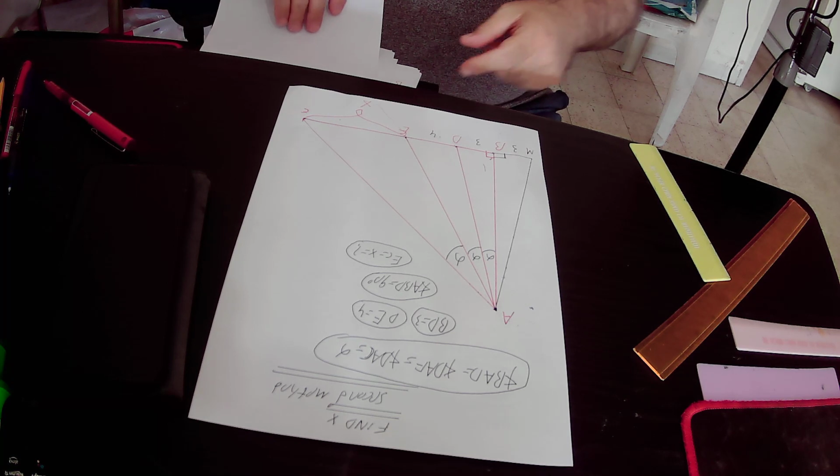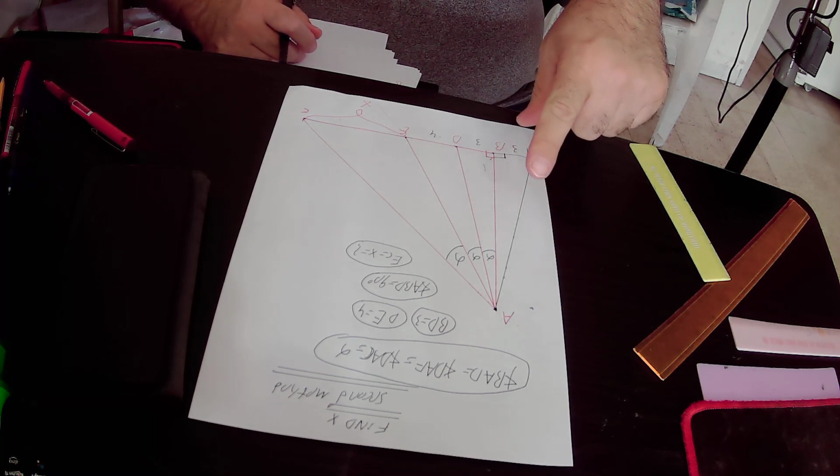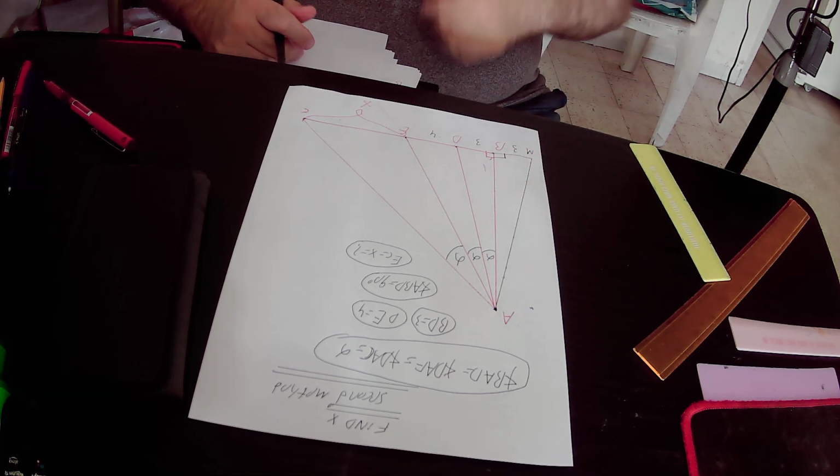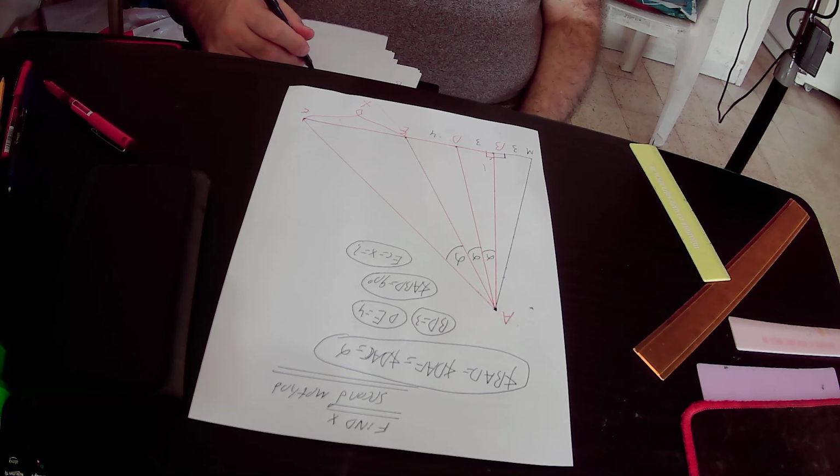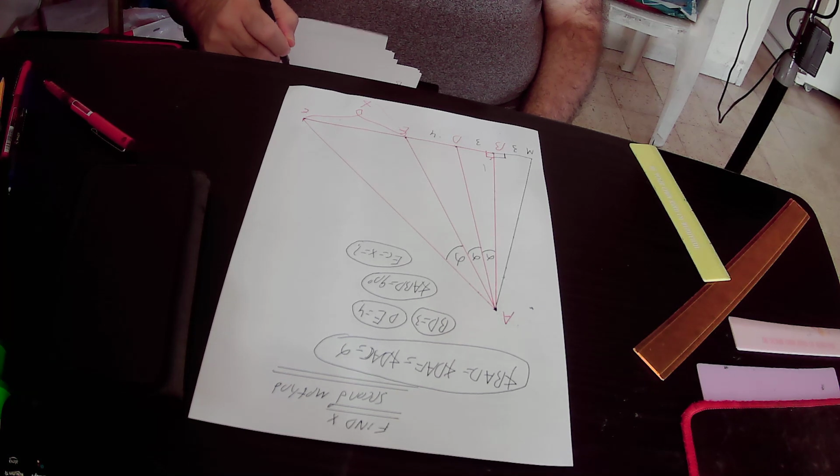And AB is a common side. It belongs to both triangles, so AB equals AB. It is a common side.